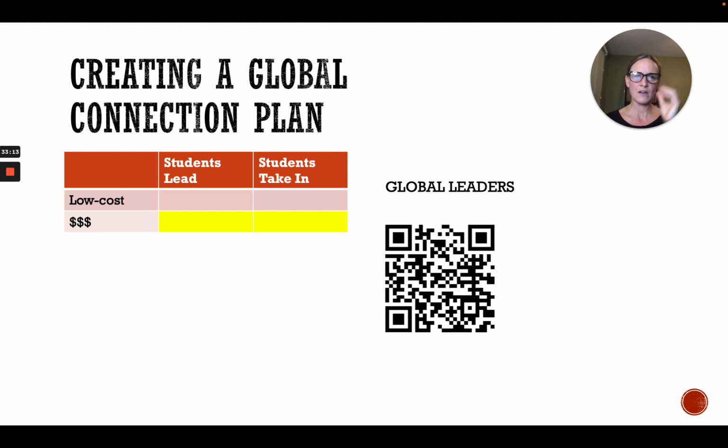So one of their main partners is in Guatemala. So students spend a whole year preparing for a trip to Guatemala, doing fundraising and doing community service in the local community in Fort Collins. Then they go to Guatemala and work there.